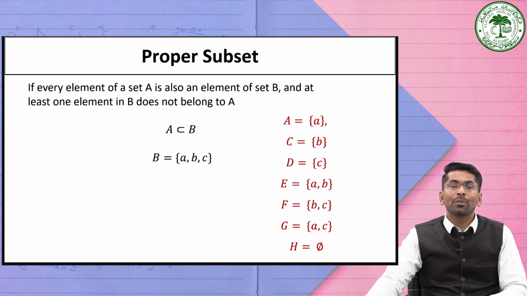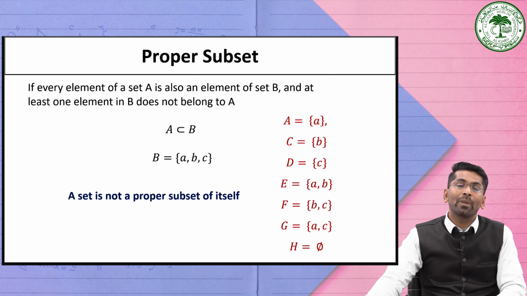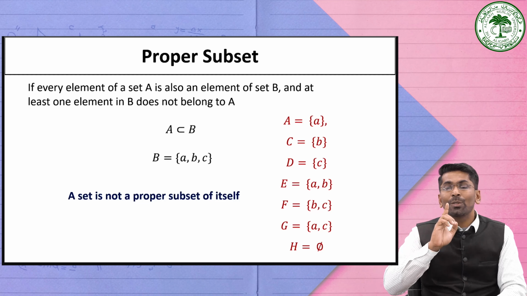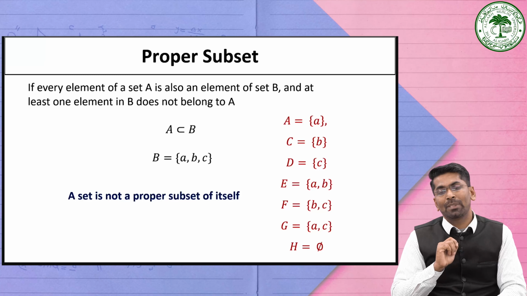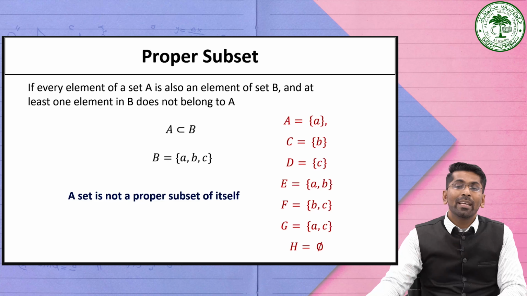It is important to note that a set is not a proper subset of itself. We do not denote the set {A, B, C} here in the proper subset category. A set is not a proper subset of itself because a proper subset implies that there must be at least one element in the superset that is not in the subset. Therefore, a set itself is not considered under proper subset.